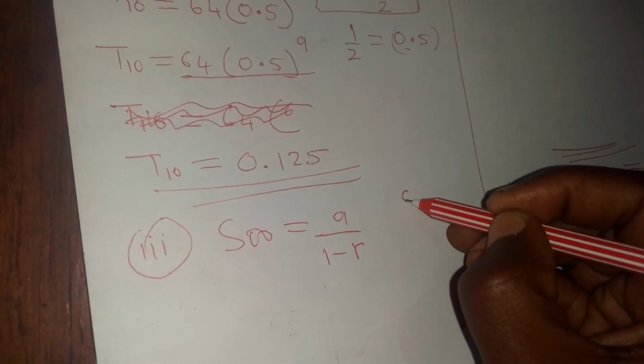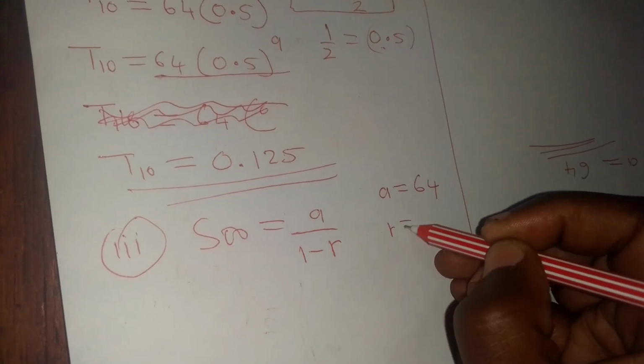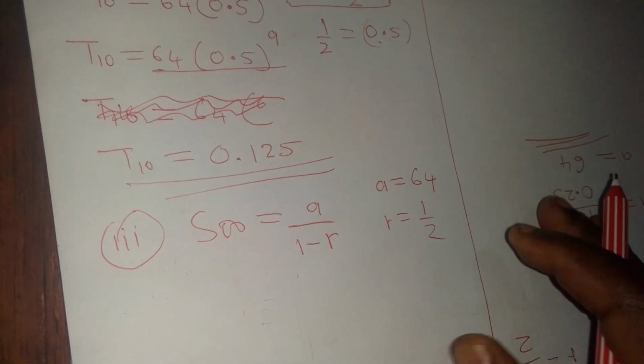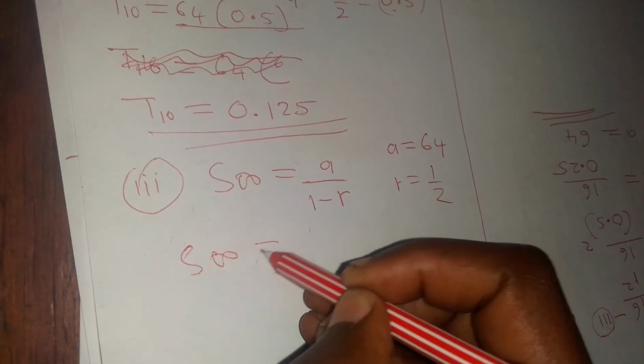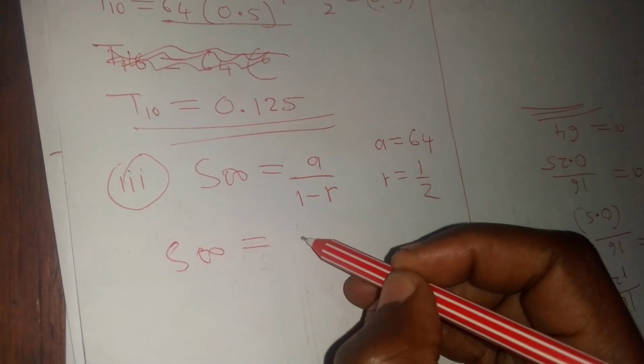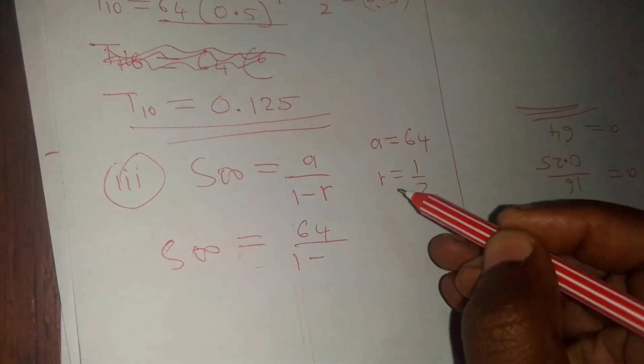So you have to know your a. Our a is 64 and our common ratio is 1 over 2. So sum to infinity equals 64 over 1 take away my r.